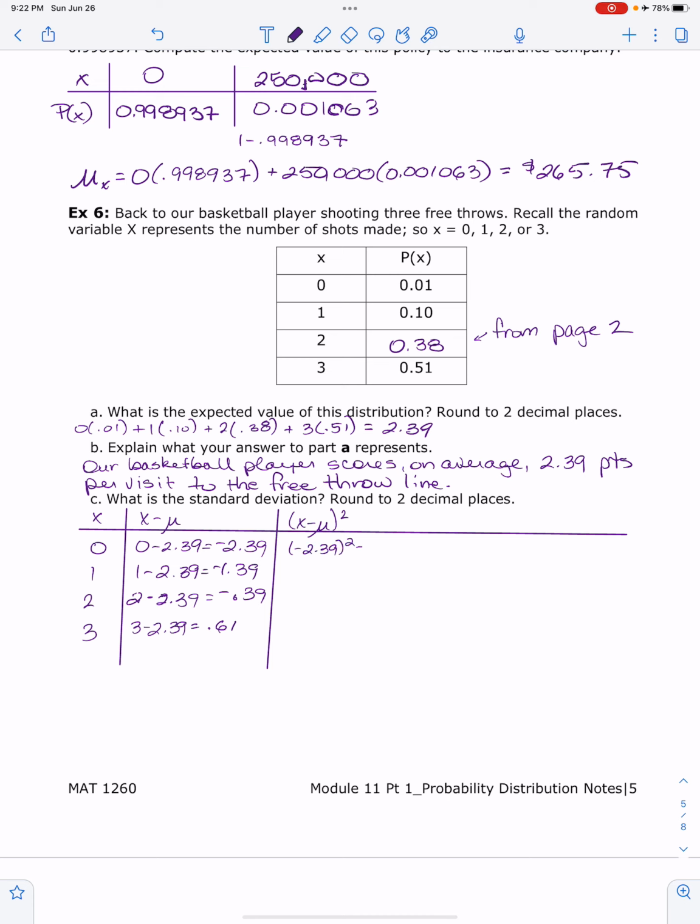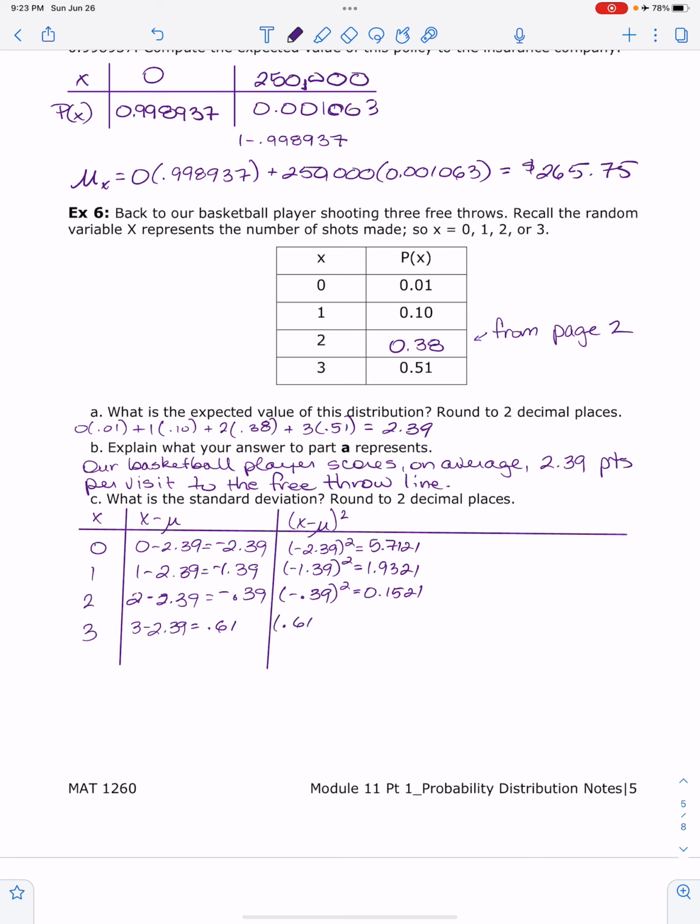And again, sometimes it just helps to see everything. Negative 1.39 squared, and we get 1.9321. We've got negative 0.39 squared, and that is 0.1521.